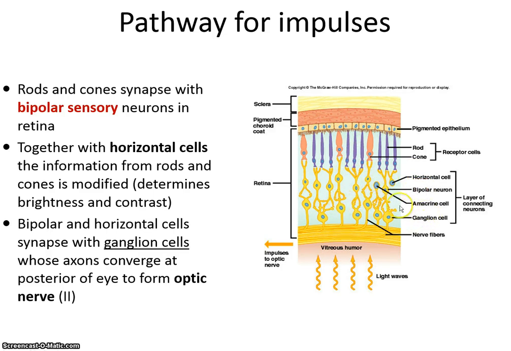And there's these amacrine cells too that also help to modify. So rods and cones synapse with bipolar, and together with horizontal cells and amacrine cells, we modify, so we determine brightness and contrast with these cells. The bipolar and horizontal cells synapse with ganglion cells, and these axons converge in the optic nerve, cranial nerve 2.